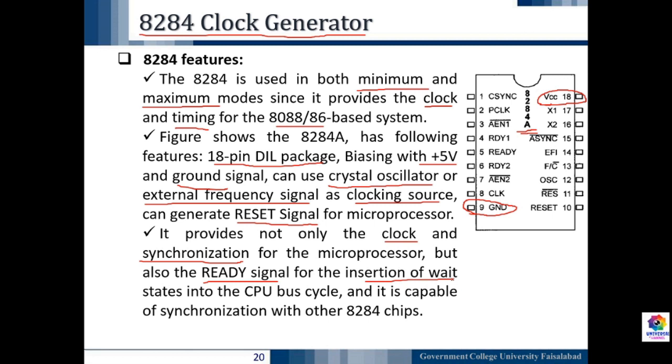Whenever the microprocessor is connected to the external peripherals, sometimes the peripherals take much longer time than expected. Then in this case the microprocessor has to wait, and this wait can be initiated with the help of the ready signal coming from the 8284A, which is pin number 5, and this ready signal is fed to the microprocessor and it will come into the wait state.